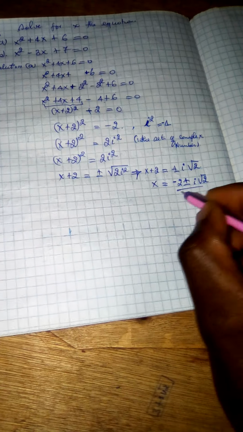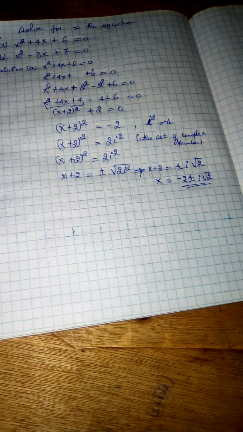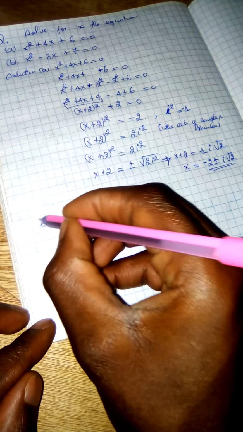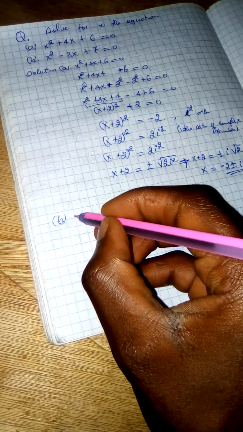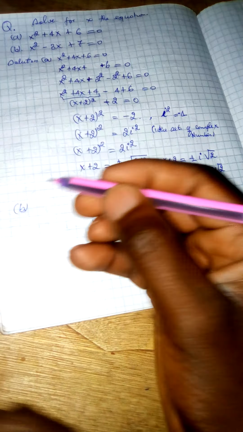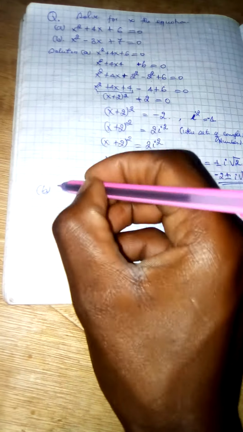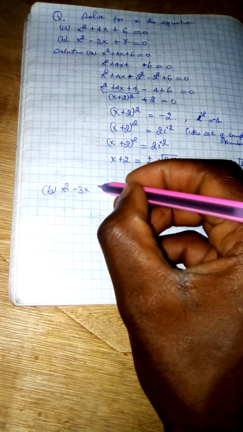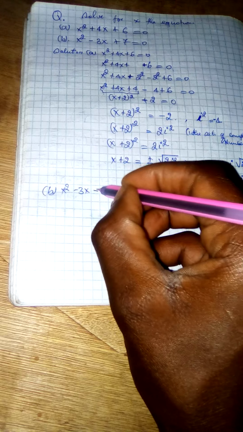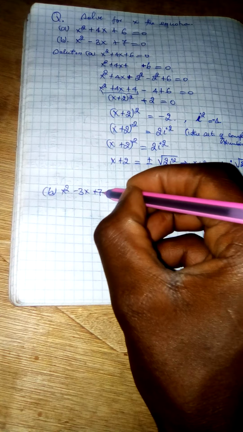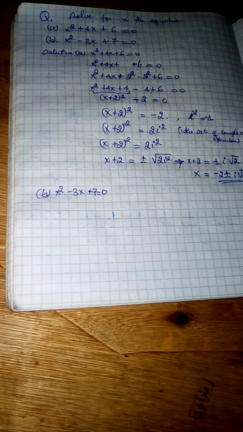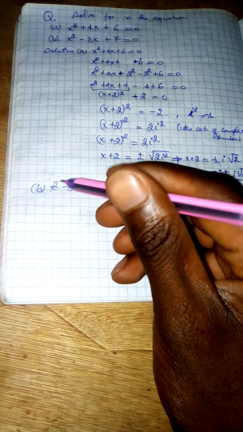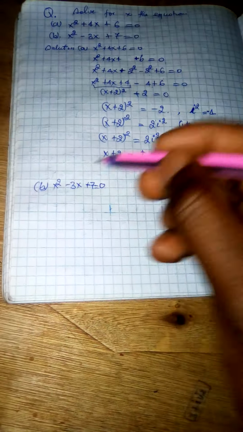Now, let's also solve equation number 2. Equation number 2: we have x squared minus 3x plus 7 equals 0, right? So let's also solve it.